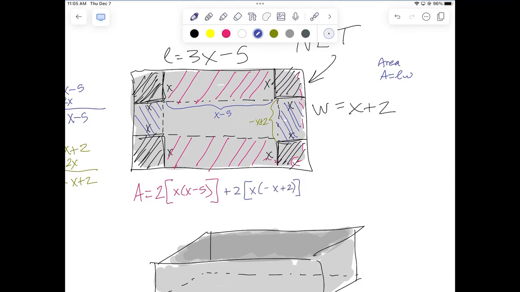Yucky, gross. 'Tis what it is, right? And then the last rectangle that I have is the base, which is what dimensions? There's only one of them. x minus 5 by negative x plus 2. Yes? Everyone see that?